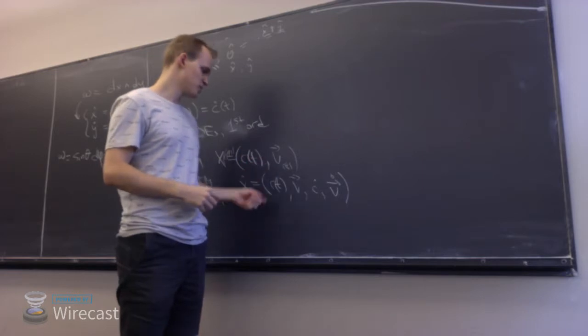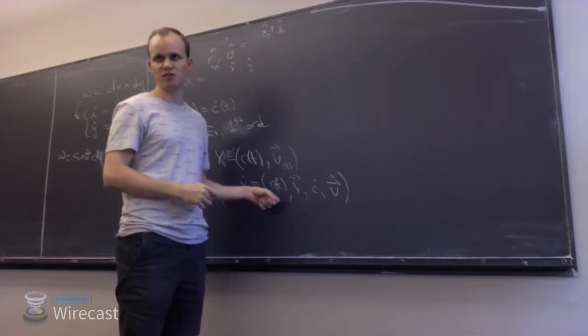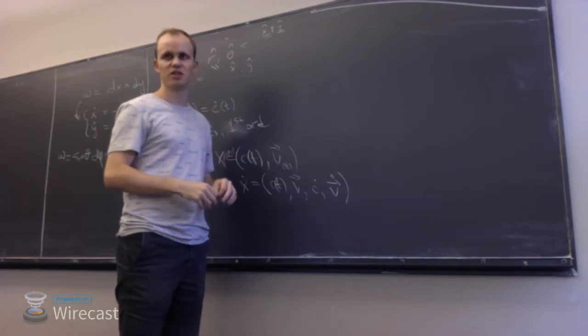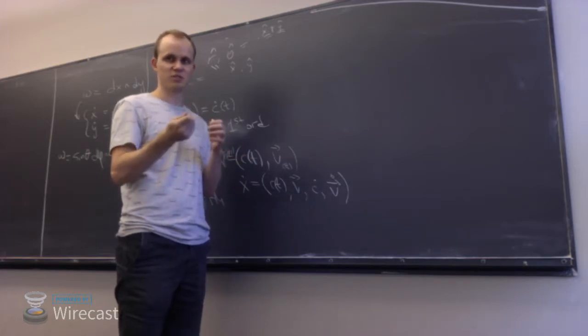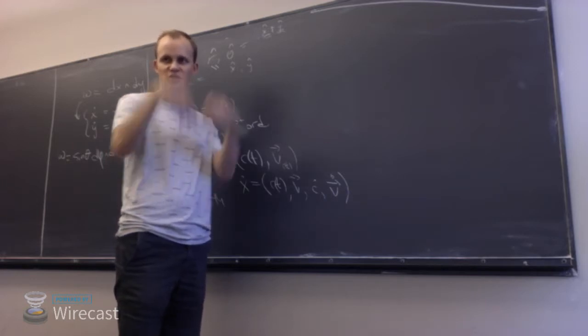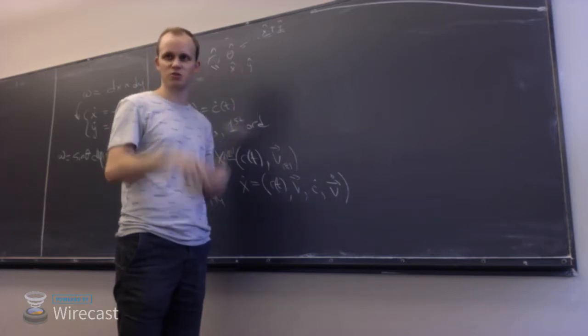Whereas here, just the normal d by dt doesn't assume any connection on the bundle, right? Which means you're basically trying to compare two vectors at different points of the curve, which, as we know, doesn't make sense, right? Which is why you have to raise this to a new tangent bundle.